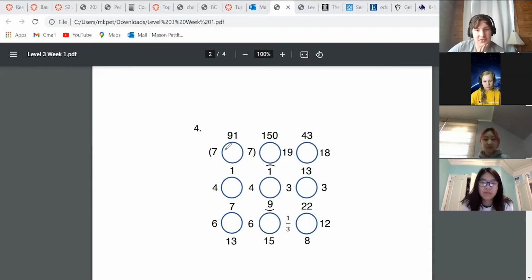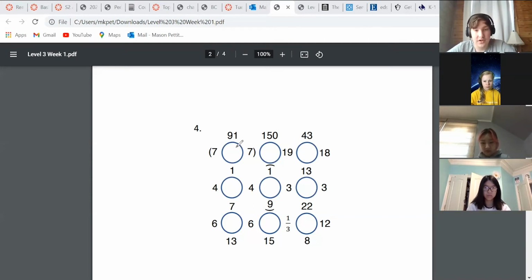So I'm going to go ahead and start with this first row. So we have 7 blank 7, and we have to do that first. And then we have blank 19, blank 18. So I'm looking at this, right? And what are the things we can do to these 7s right away, because they're in the parentheses.